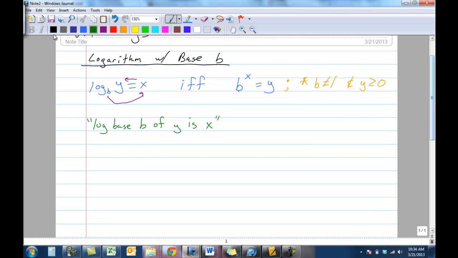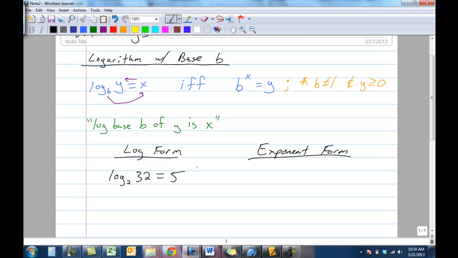All right, let's do a couple of examples here. Let's talk about log form, and let's talk about exponent form. Let's say our log form is log base 2 of 32 equals 5. It's always going to be the same pattern, this shape here. Log base 2. Now remember, base b was the same thing as base b.